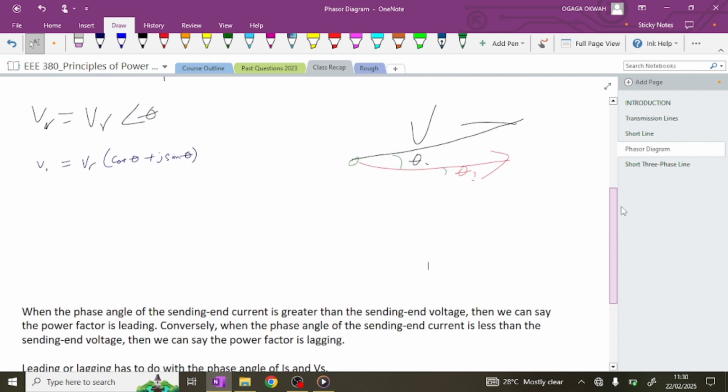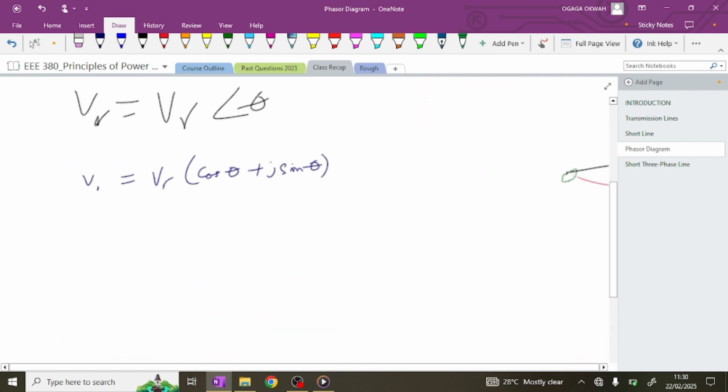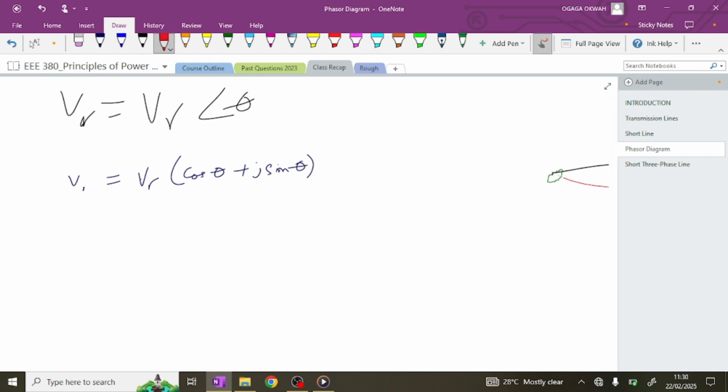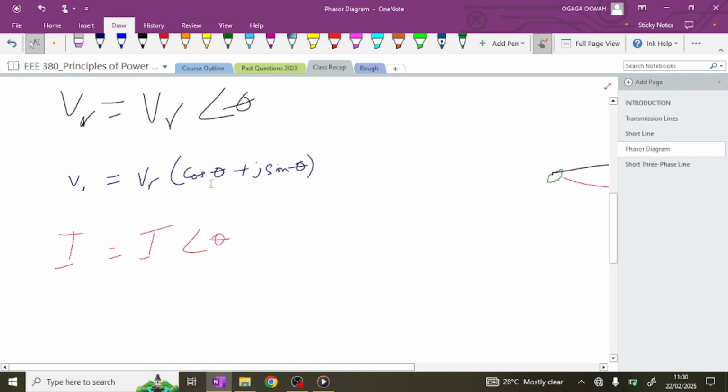Let's do the one for current. We also have a current and its angle, which we can also bring to this format, and get the cos multiplied by the magnitude, the sine multiplied by the magnitude, and have it in rectangular form.